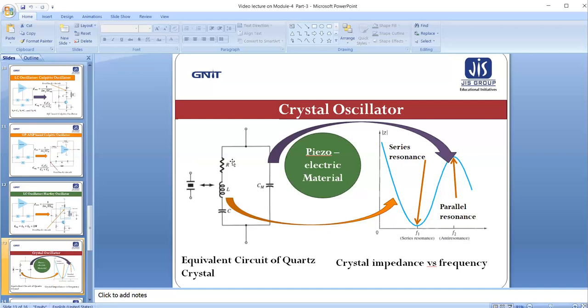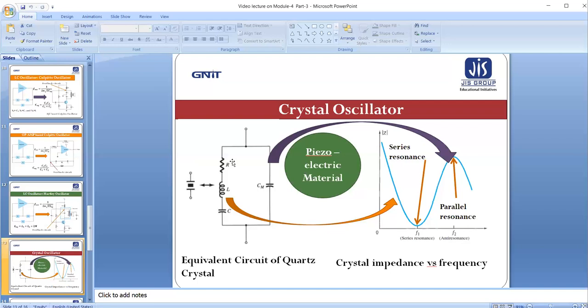Thus, due to the continuous expansion and compression, the piezoelectric material will generate a sustained AC signal. So this concept is very helpful to design a crystal oscillator.